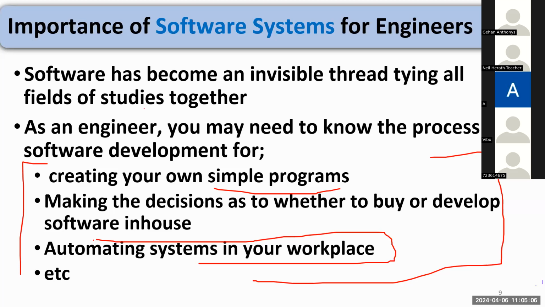Because of those things, you need to know about some software systems. If you are doing computer engineering specifically, you definitely have to know much more. If you are doing other degrees or specializations, you may know only certain parts, but you should know at least some systems development during this degree.